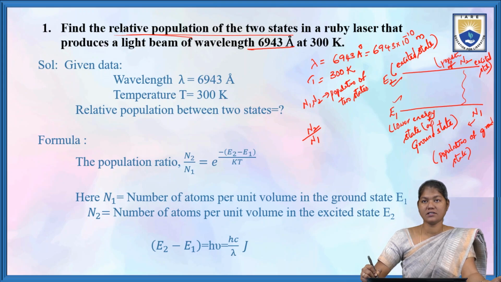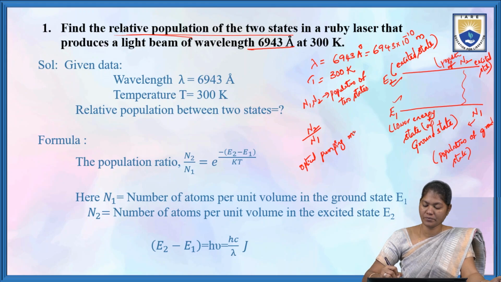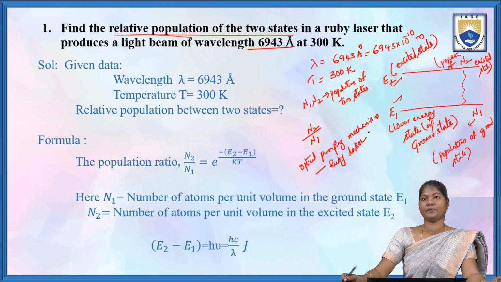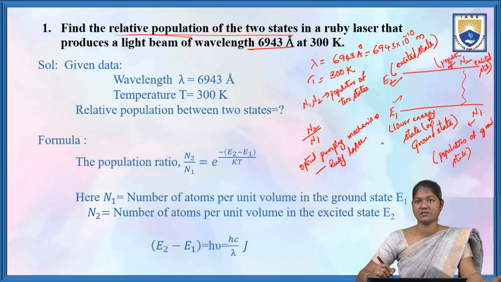In this case, the ruby laser works by the mechanism of optical pumping. Optical pumping is used in the ruby laser to make the ratio N2 greater than N1.